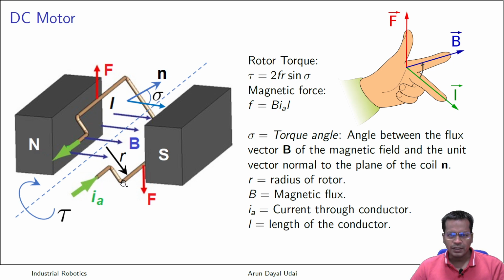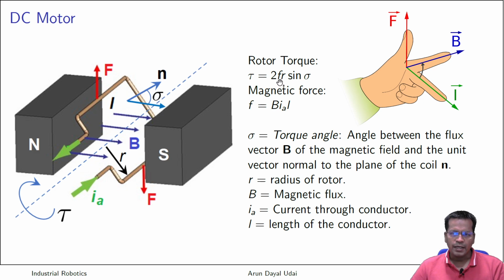What is changing? This area vector, this is n, the unit normal perpendicular to the face of the coil, where the coil lies completely. So this is sigma, which it makes with the field direction. This is sigma. So what is the torque?